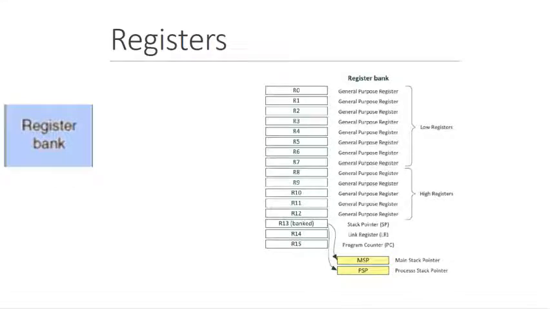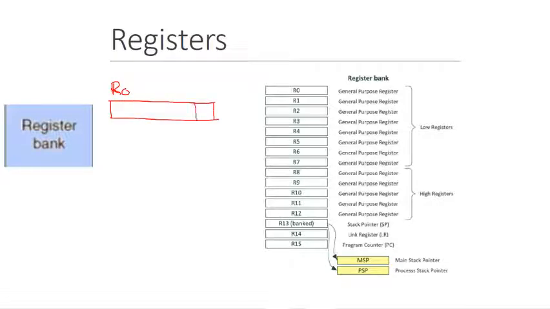So, coming to the register bank, as we can see here, ARM Cortex M3 has a total of 15 registers, R0 to R15. Out of these registers, all are 32-bit wide only. That means if you consider any register over here, say for example the R0 register, I can access it like this.